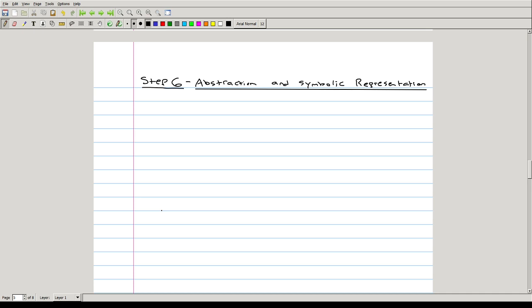We have a couple of important points here in step 6.